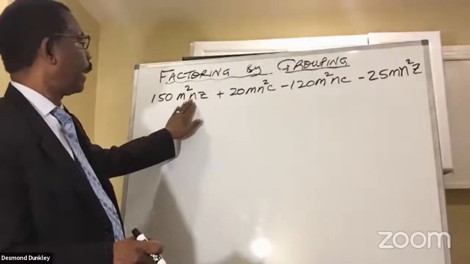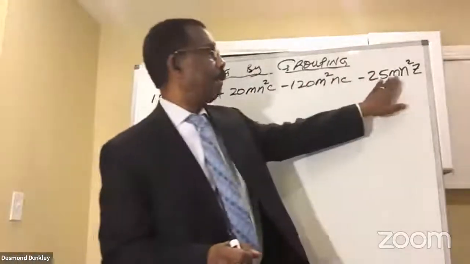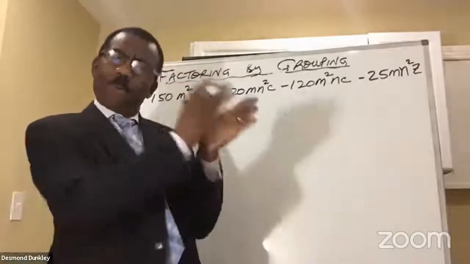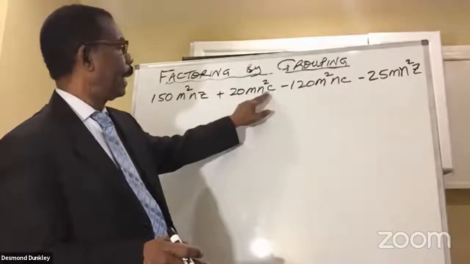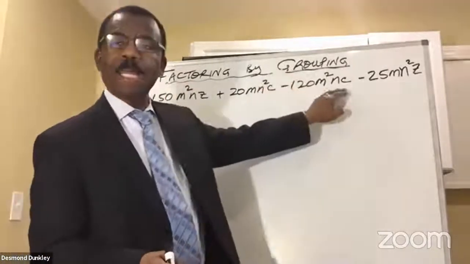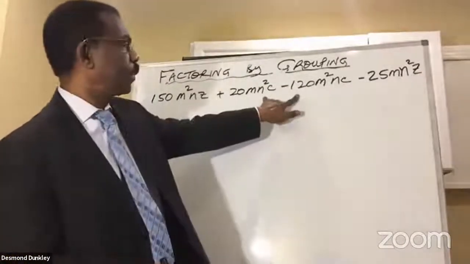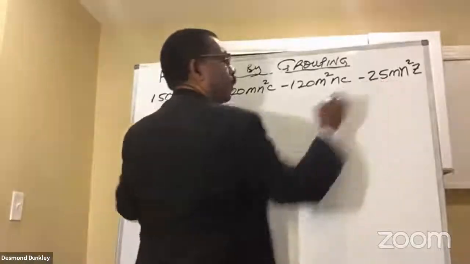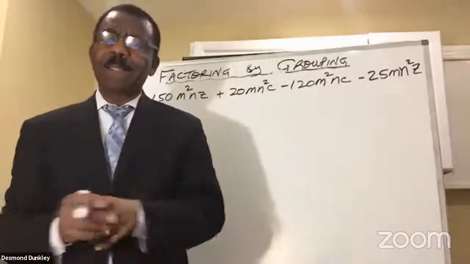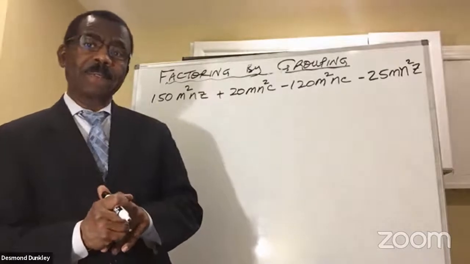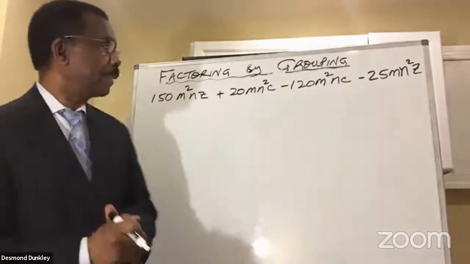So this has m, n, and z. This has m, n, and z. So don't you think those need to go together? This has m, n, and c. This has m, n, and c. Don't you think it makes sense for these two to go together? So these two go together and these two go together. I think based on the pattern, based on the letters, I think that makes sense.